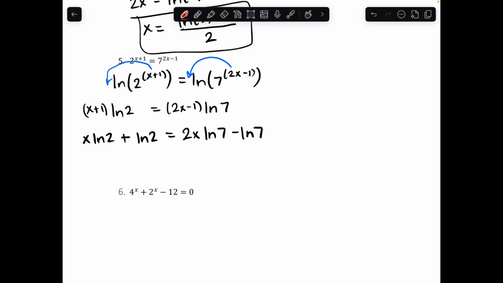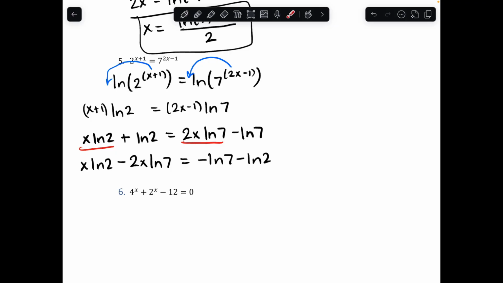Now I'm going to go ahead and get all the terms with x on the left side, and then everything else is going to go on the right side. So we're going to have x times natural log of 2 minus 2x times natural log of 7 is equal to negative natural log 7 minus natural log of 2.